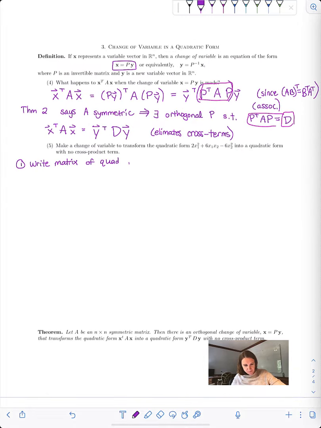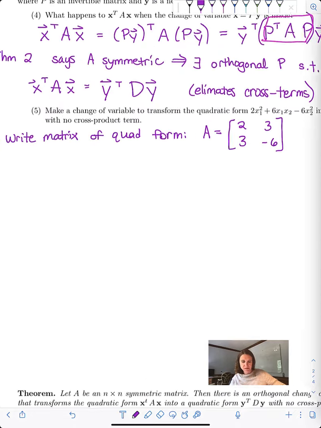And so remember that our diagonal entries are the coefficients of the squares. So we get -2 and -6. And then our off diagonals get split between, so we have a 6, which is split between the two spots there, because this is symmetric.